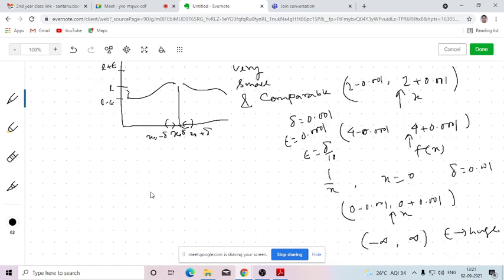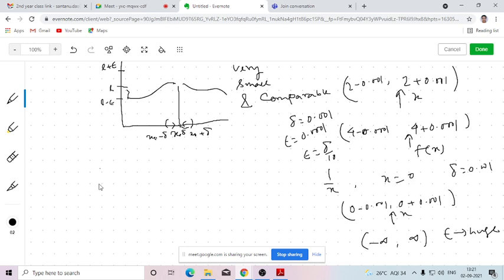So graphically we can visualize this in that way. We are taking an interval of length delta around x0, then the functional value lies in an interval of length epsilon around the value L. Then L can be considered as the approximated value or limiting value, hence the limit will exist.